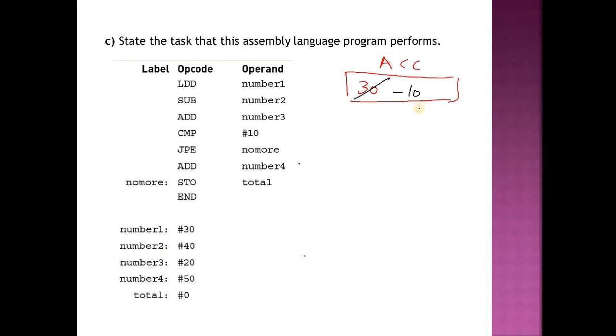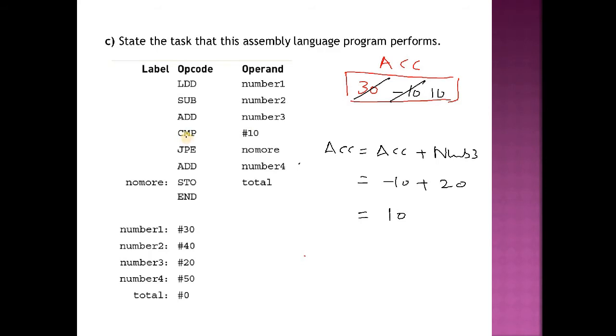Again this means the accumulator is equal to the accumulator plus number 3. What is number 3? 20. So this will be equal to minus 10 plus 20. So this becomes 10. So this 10 will be kept in the accumulator, right? Now it will compare 10.